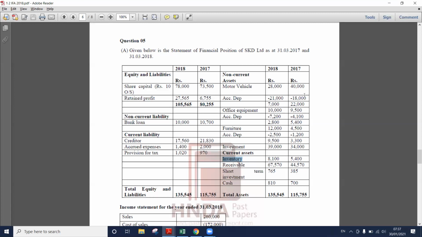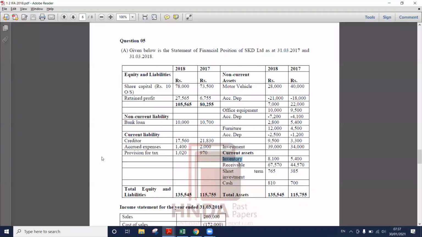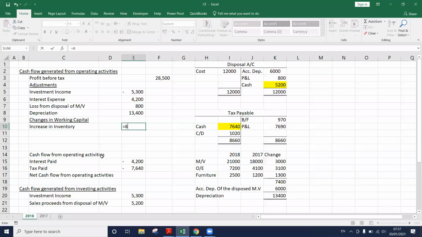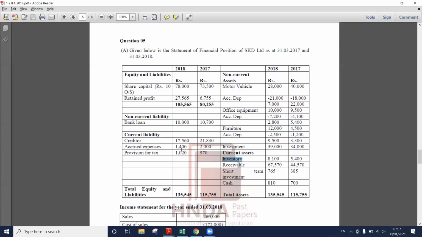See inventory, what has happened compared to 2017? Has the inventory amount increased or decreased? There is an increase in inventory here, by 2700. Inventory in 2018 has increased by 2700.